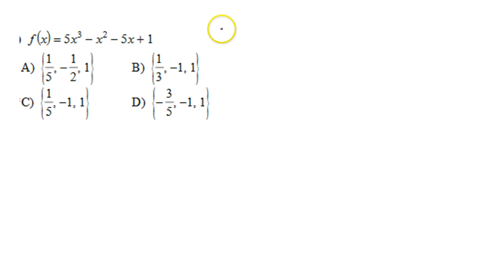So once I know that negative 1 is a 0, I can do synthetic division to factor this. So my coefficients are 5, negative 1, negative 5, and positive 1.